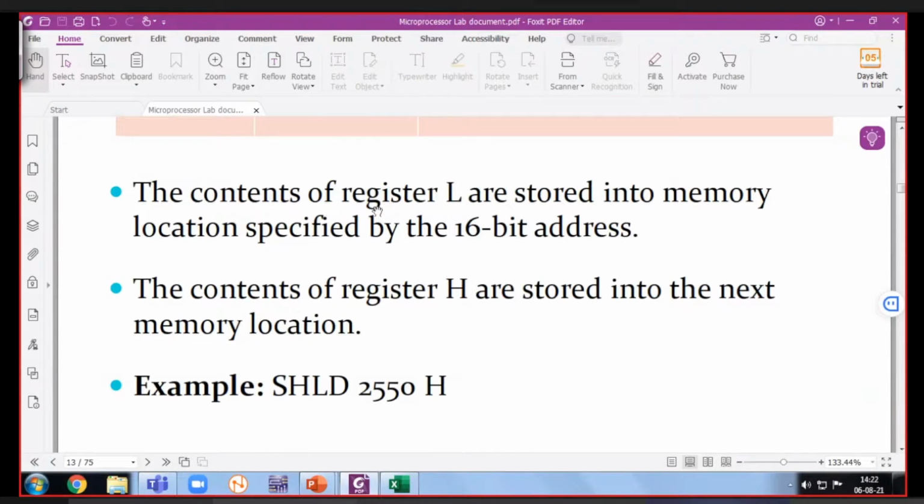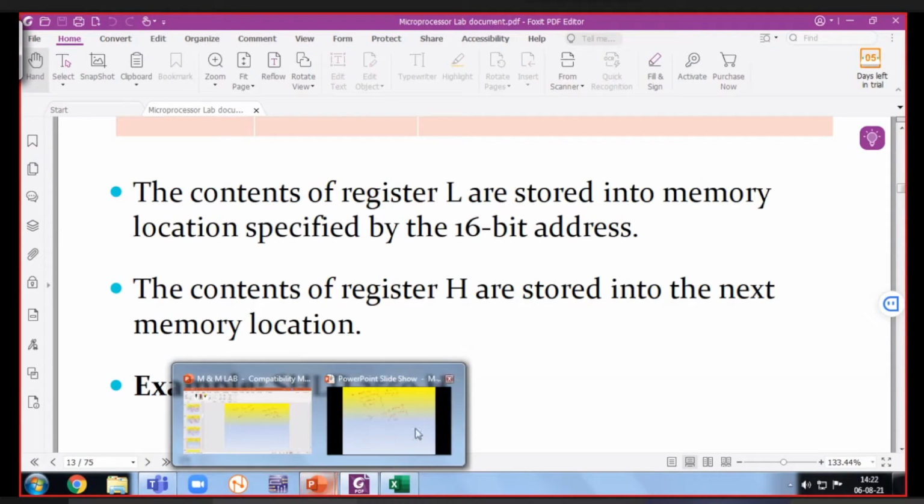The content of H is stored into the next memory location. So 3000 will store the content of L register, 3001 will store the content of H register. Okay, अभी clear हुआ? Yes, sir.